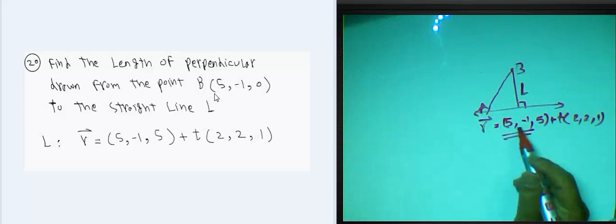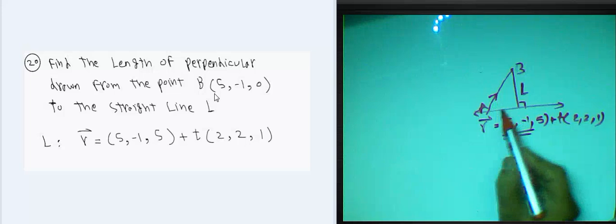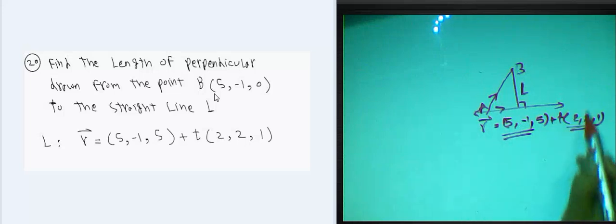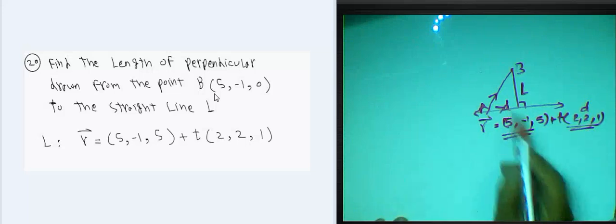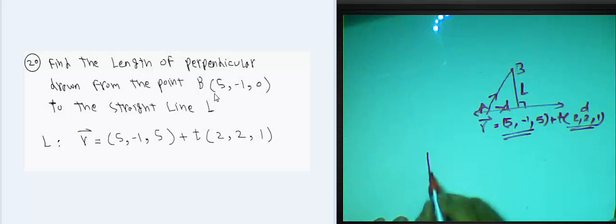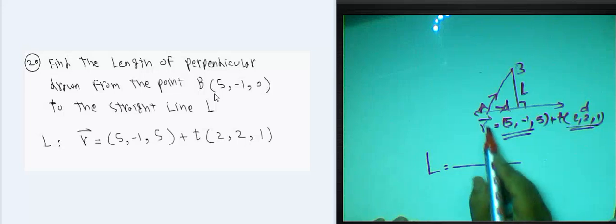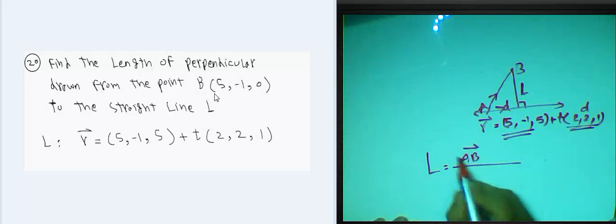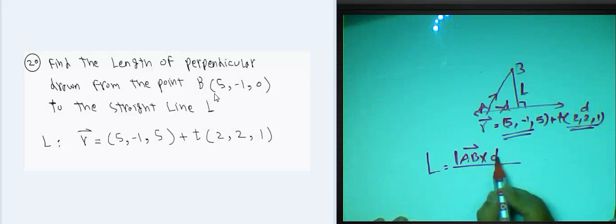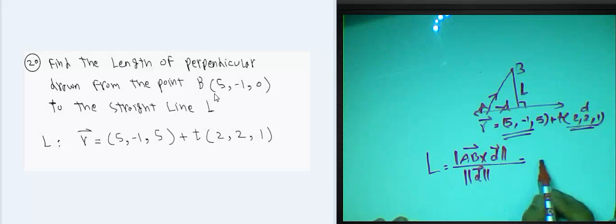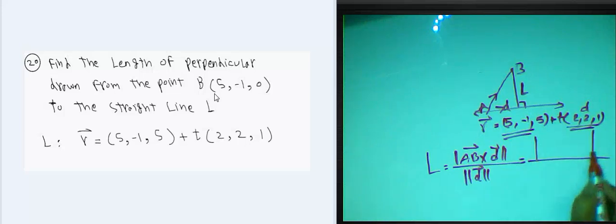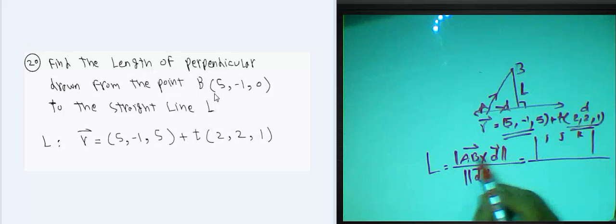To find the cross of AB with this vector D, over the absolute value of vector D. The length here will be AB cross vector D over the absolute value of vector D. We can find the result with I and J and K. Vector AB first.